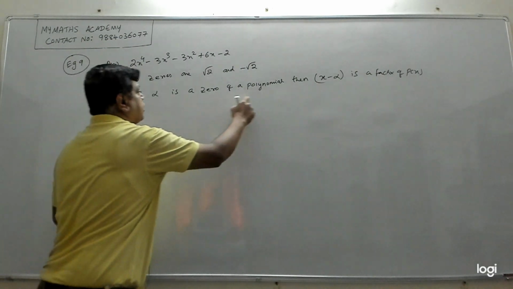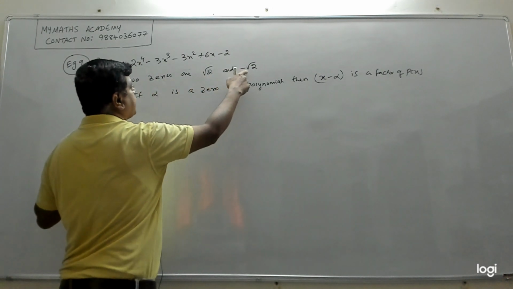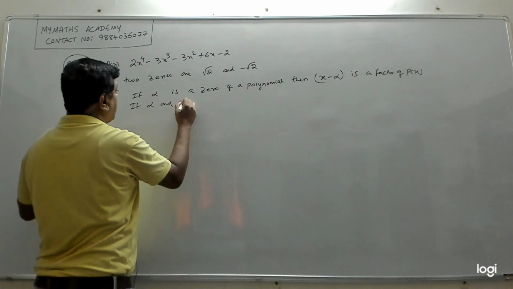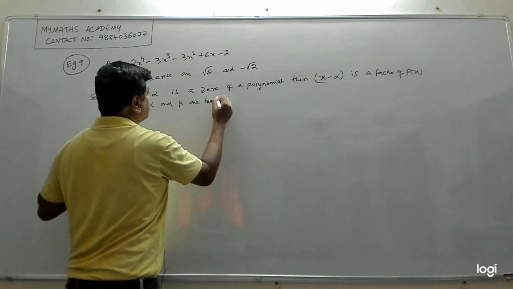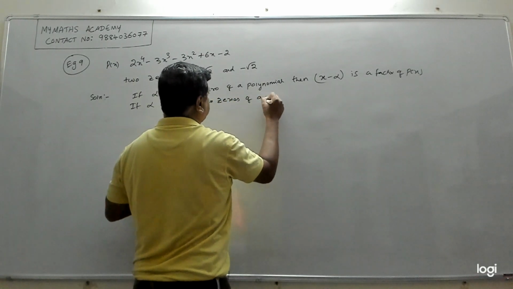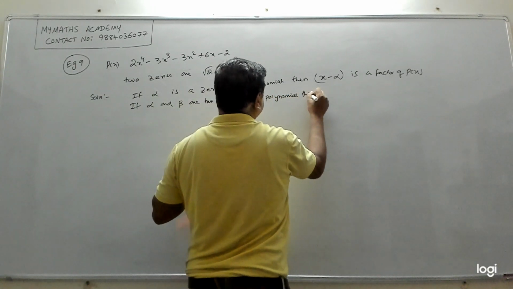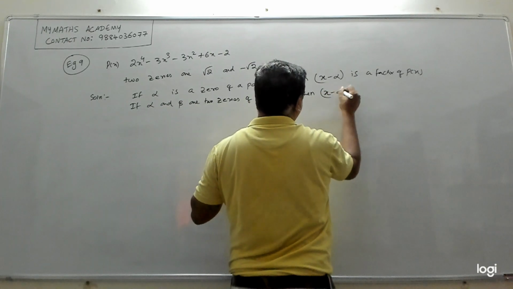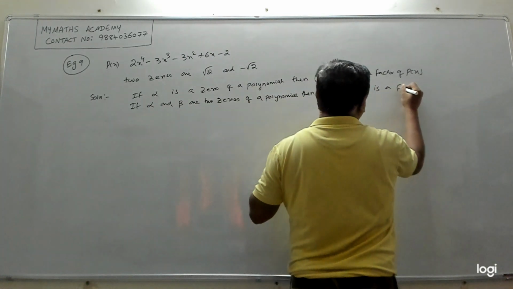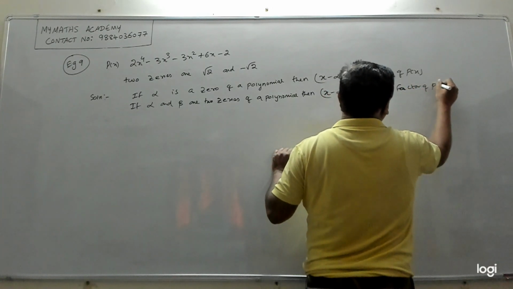Now I will explain what this means. They have given 2 zeros, root 2 and minus root 2. Suppose alpha and beta are 2 zeros of a polynomial, then we can say x minus alpha into x minus beta is a factor of p of x.